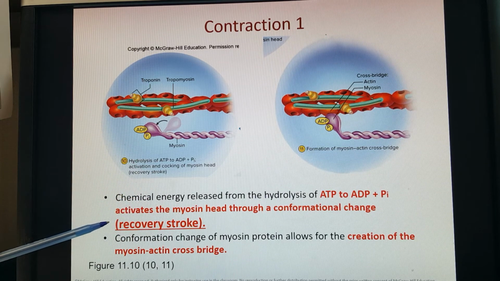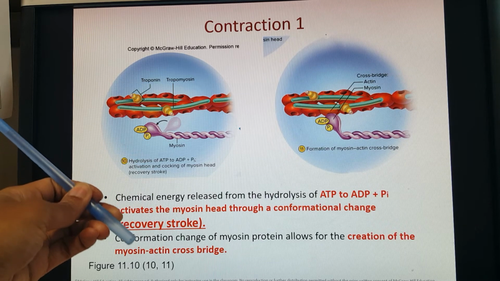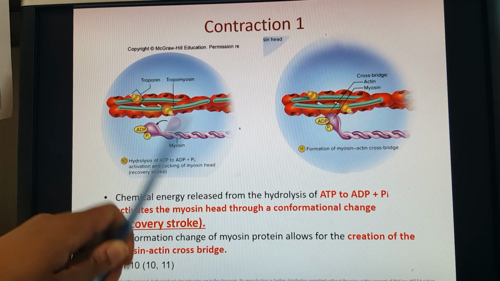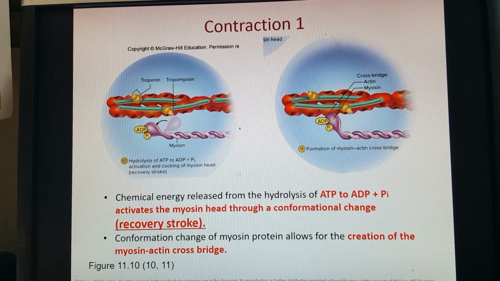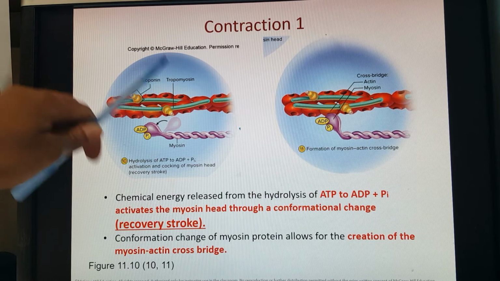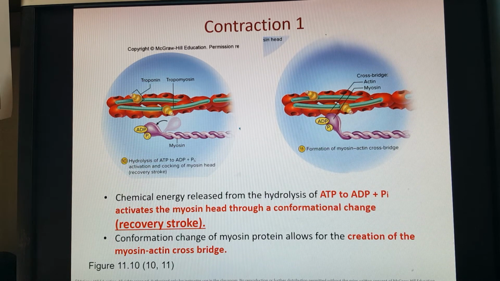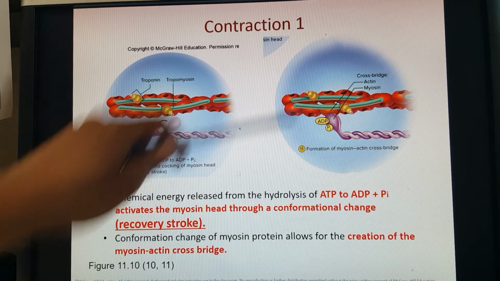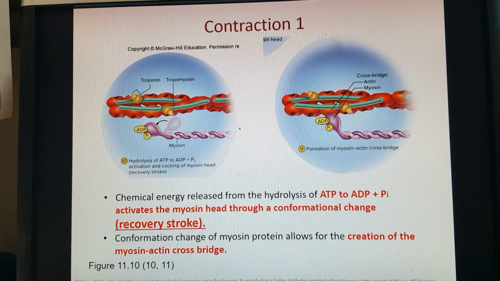So it creates our recovery stroke, getting ready to be able to bind and pull on our thin filaments. So if you kind of think of it like a 6-shooter gun where you have the cocking mechanism on the back of the gun, just like that. So we cock it back so it's ready in position to actually fire. Okay, so we make a bridge between our myosin head and our actin filament.